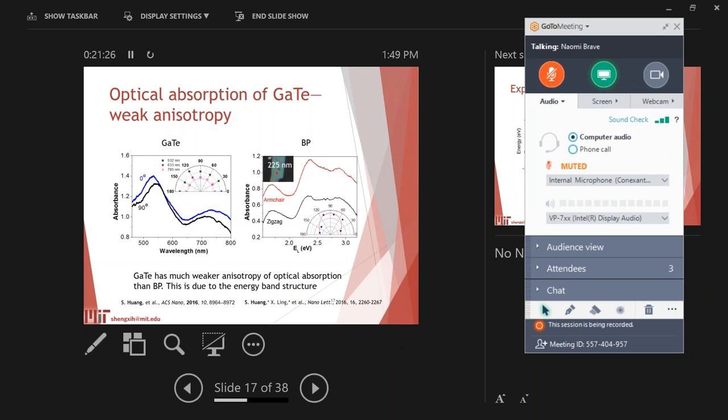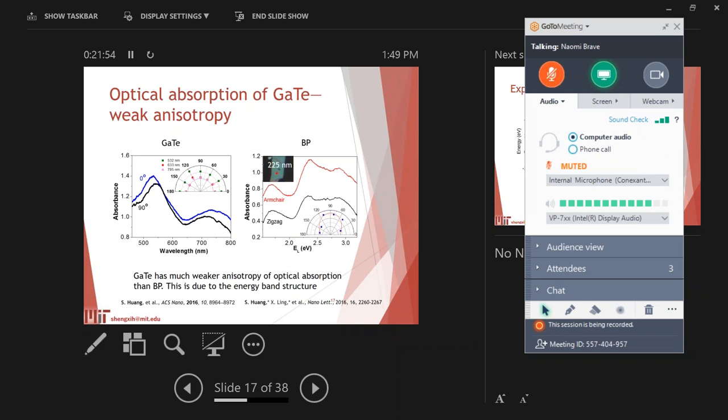So here we have an interesting comparison because we can see that the optical absorption anisotropy for gallium telluride is quite weak compared to BP. However, if we look at the structures of these two materials, we know that gallium telluride actually has a lower symmetry than BP, because BP has a D2h symmetry compared to the C2h symmetry of gallium telluride.